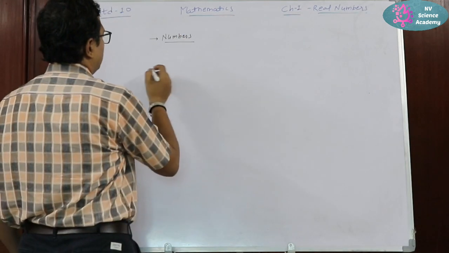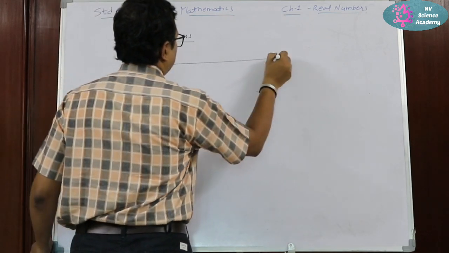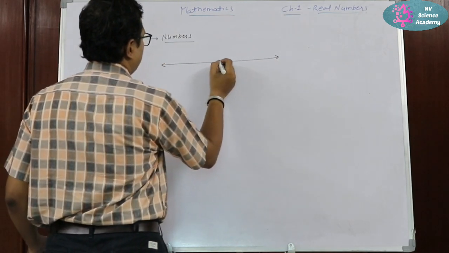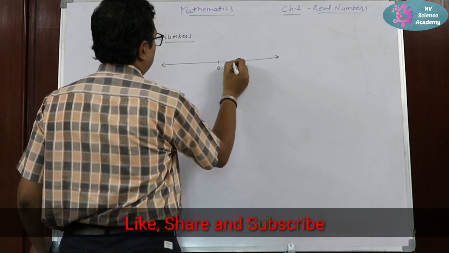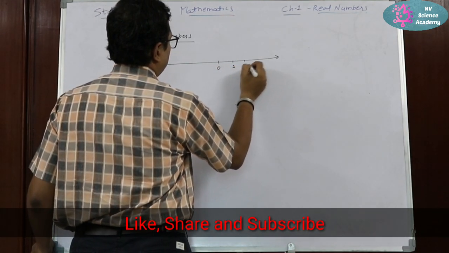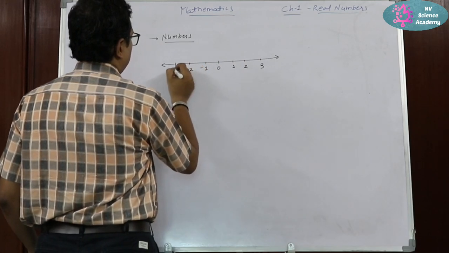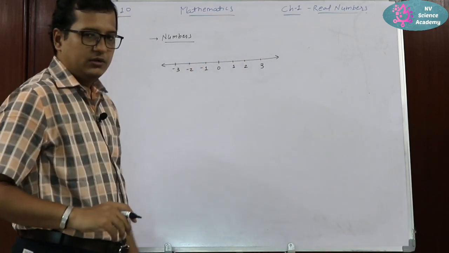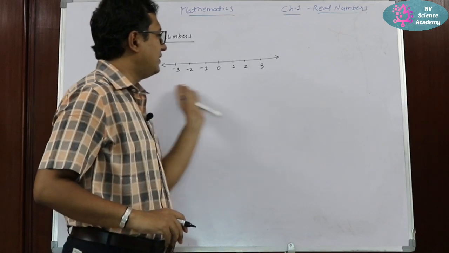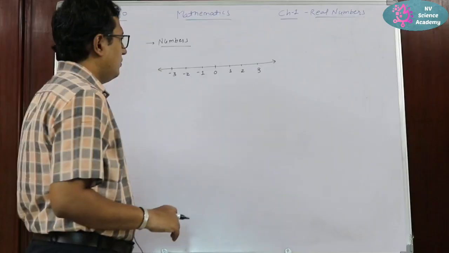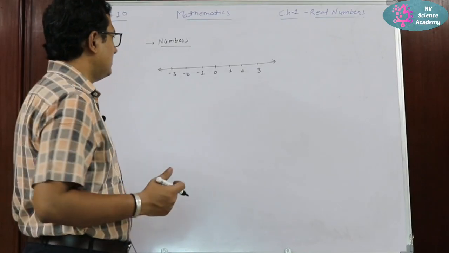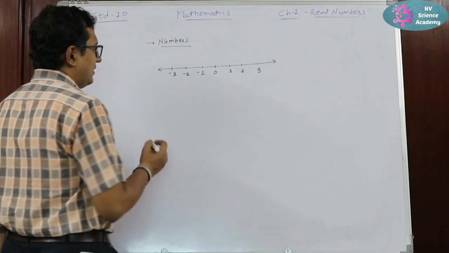Now, if I plot a line, you can say it is a number line. It has different numbers, and we can classify these numbers in different manners.